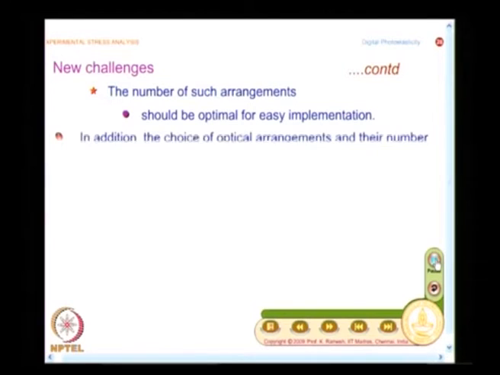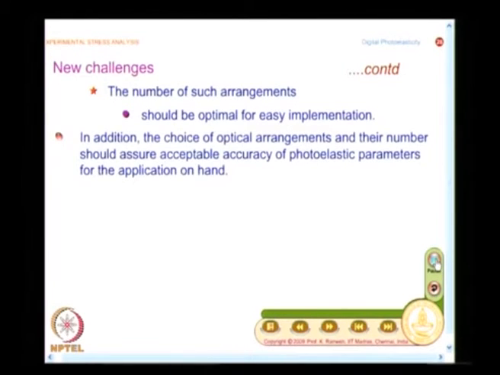When you look at the optical arrangements, how many do we have to use, how many parameters do you have? I have to find out the isochromatic parameter, the isoclinic parameter, and the background light intensity. So, 3 should be good enough.